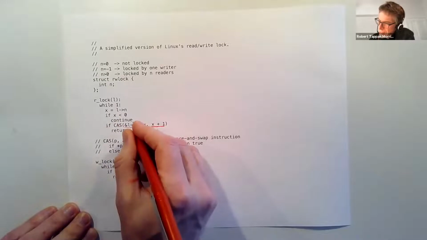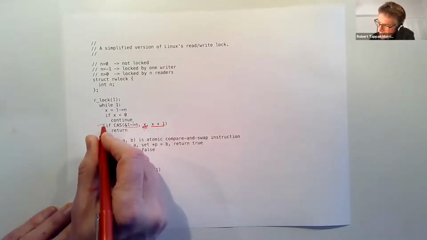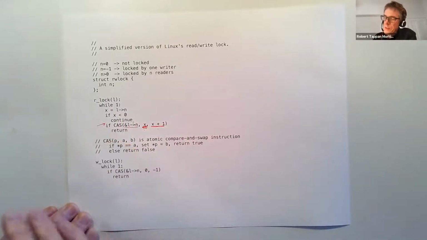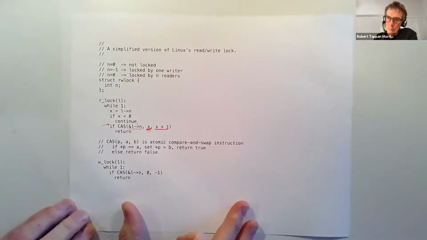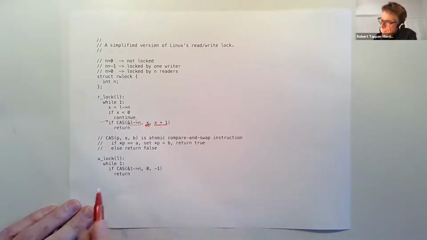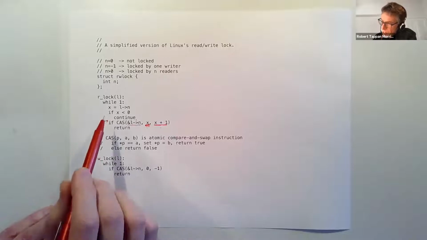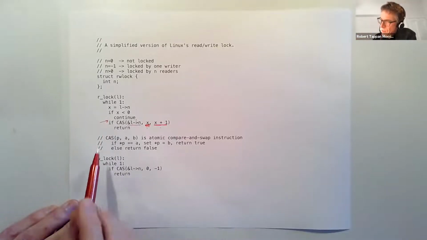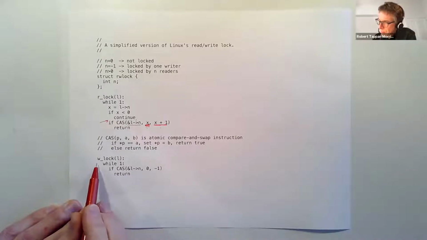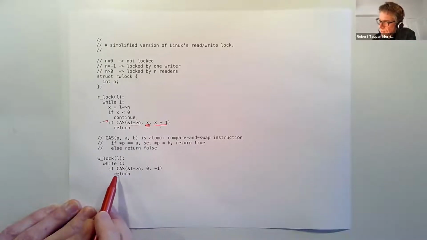So let's imagine that ReadLock has gotten as far as seeing that x is 0. Maybe we're right here, and x is equal to 0. We've already checked it, so the check is finished. And then right at this time on another core, some other thread calls WLock, and it actually gets its compare and swap in first.